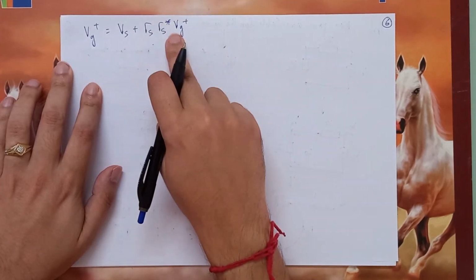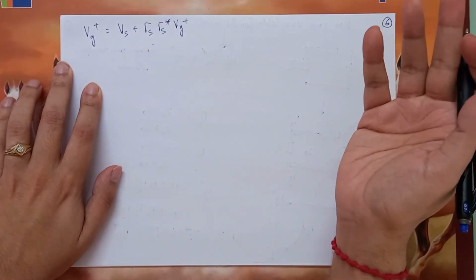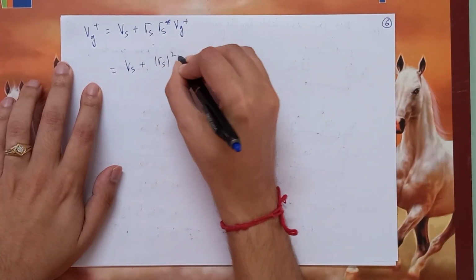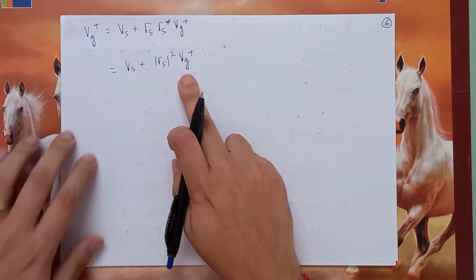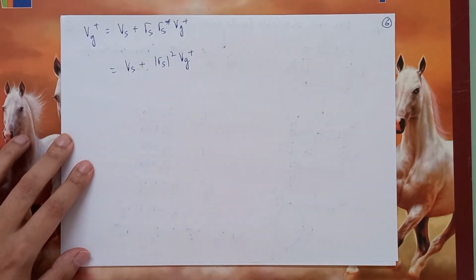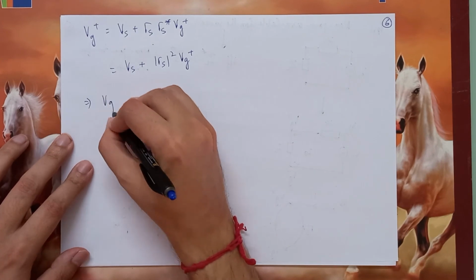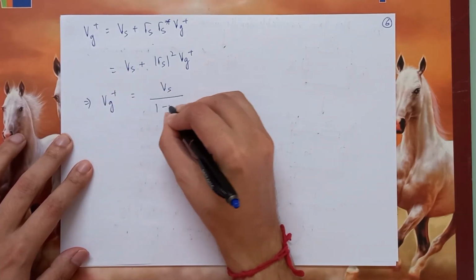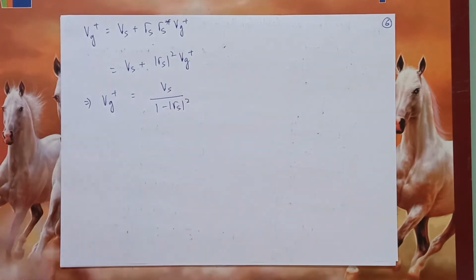So gamma S and gamma S conjugate would give you what? The mod of gamma S square. So I can get an expression for Vg plus in terms of Vs. So that means Vg plus will be Vs divided by 1 minus mod gamma S square.